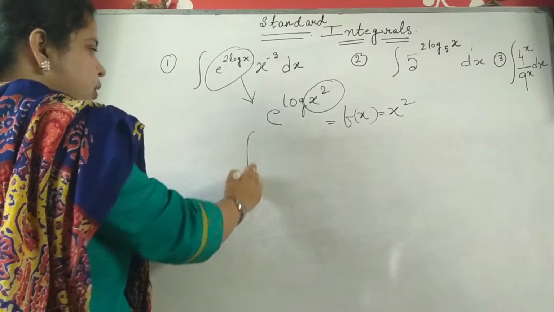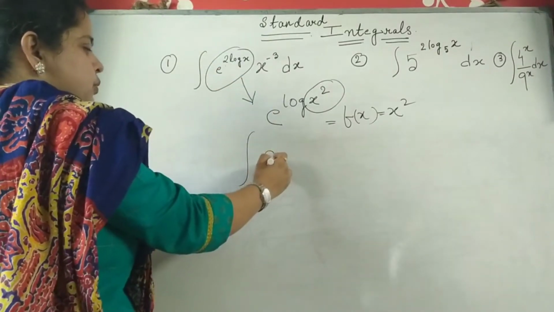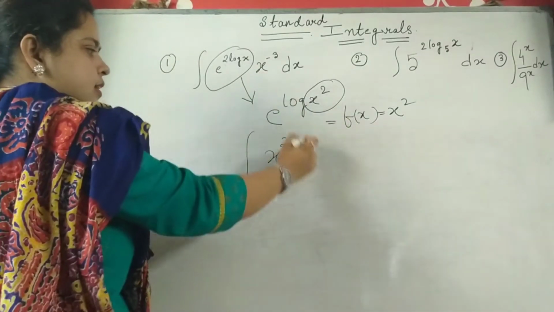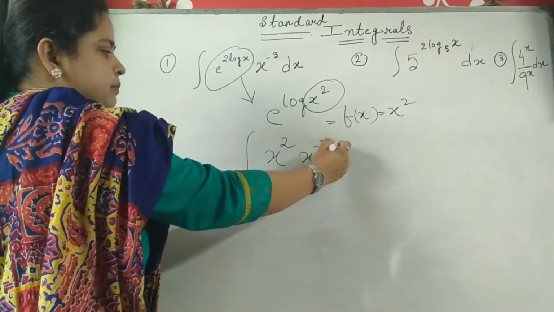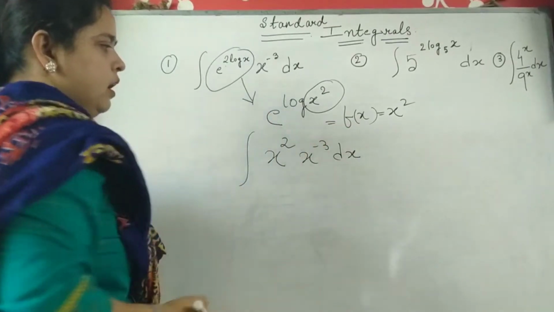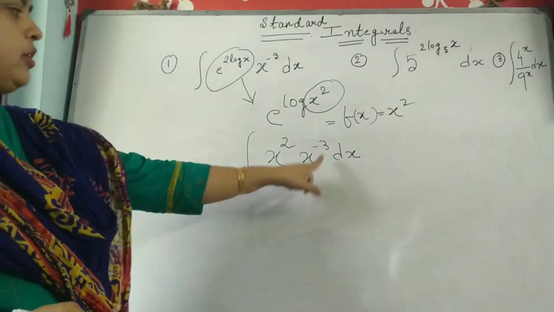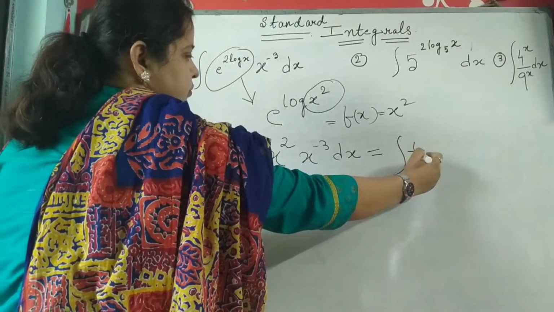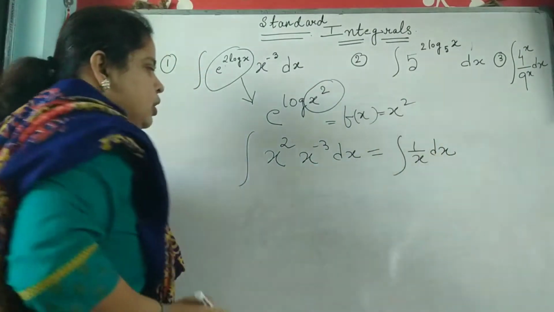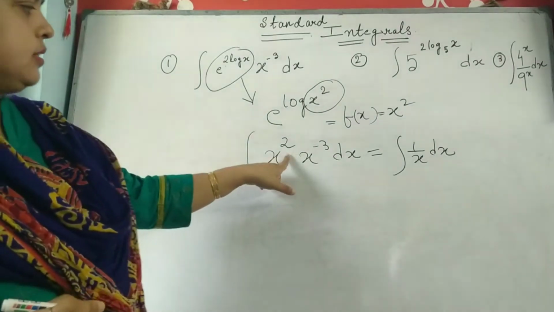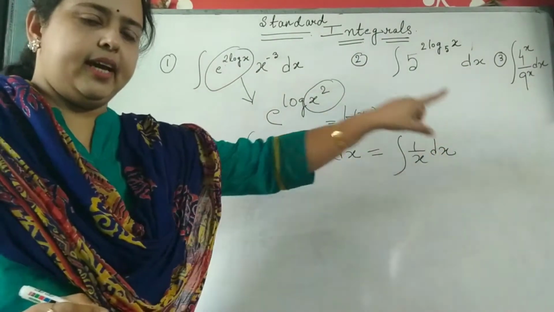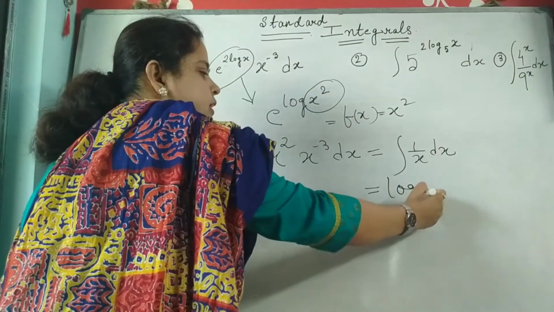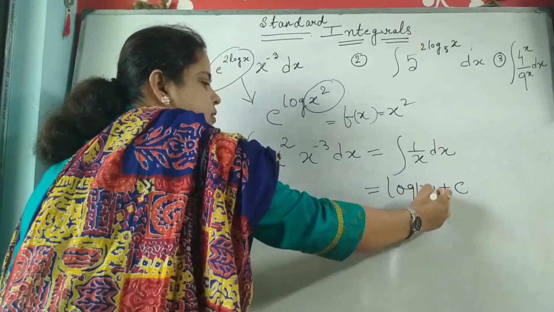So here we are going to substitute x squared as I have reduced it to, and this is x to the power of minus 3. Now, what is the value of this one? So, this is 1 by x dx, whose value is already known to us.